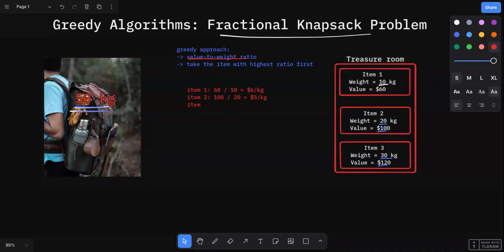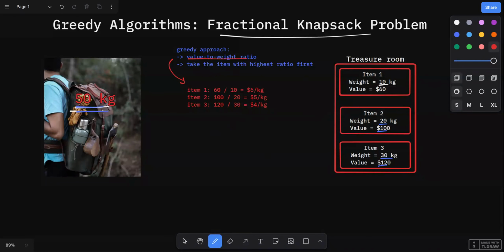Then we have item three, which has a value of $120. Dividing this by the weight, which is 30 kilograms, we get $4 per kg. These are the value to weight ratios of our items. Just mark that.